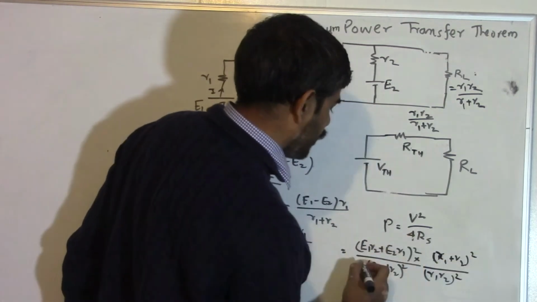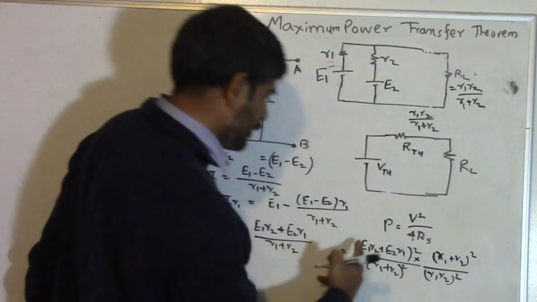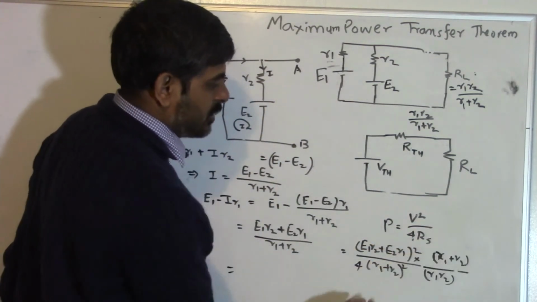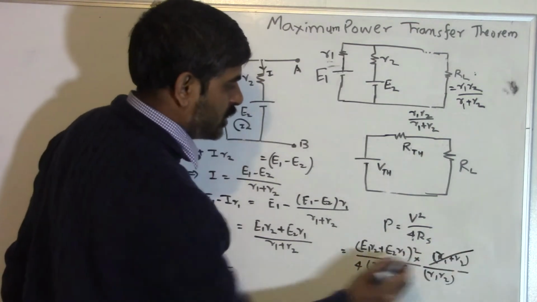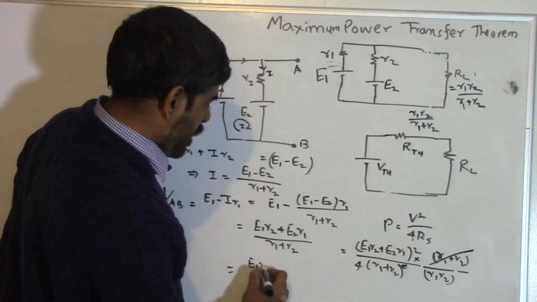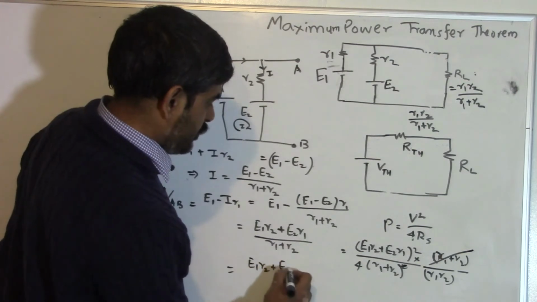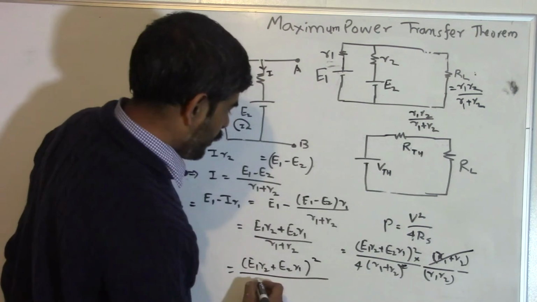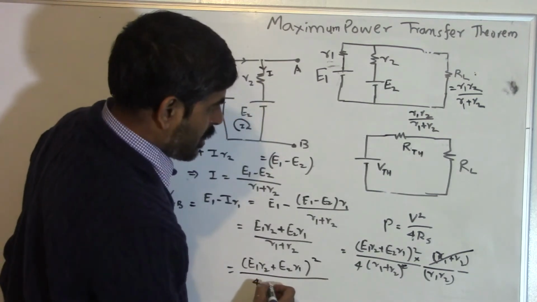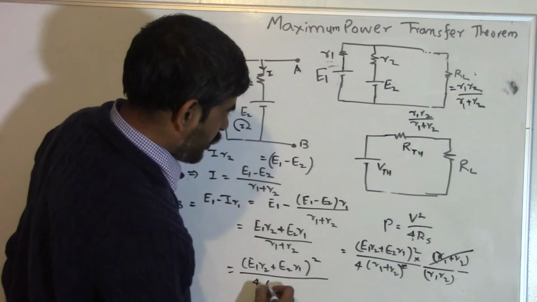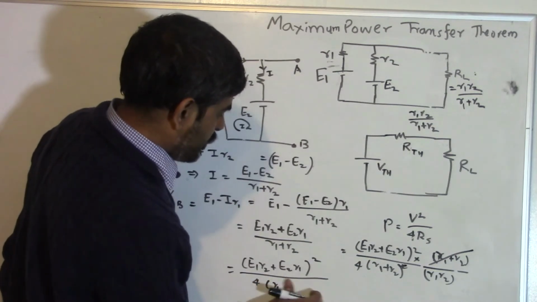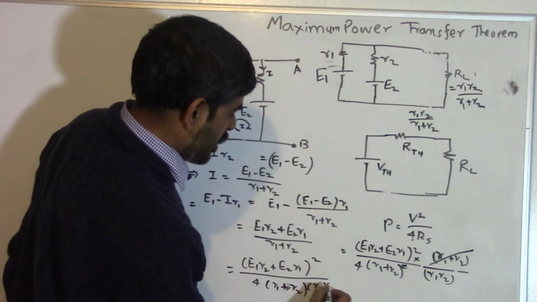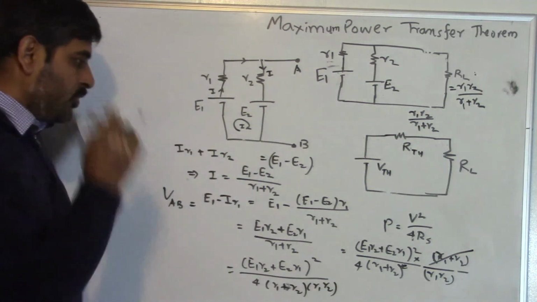If we simplify this, the squares cancel, and it becomes E1 R2 plus E2 R1 whole squared divided by 4 times R1 R2 times R1 plus R2. This is our answer.